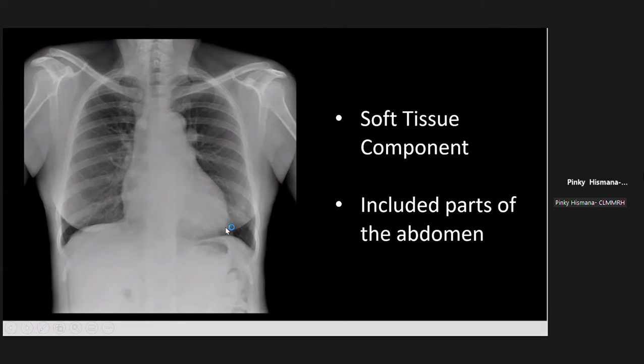Now, when we talk about everything else, one important component actually here would be your soft tissue component. So we just don't look at what's within the hemithorax. We also look at all the soft tissue component, including parts of the abdomen.